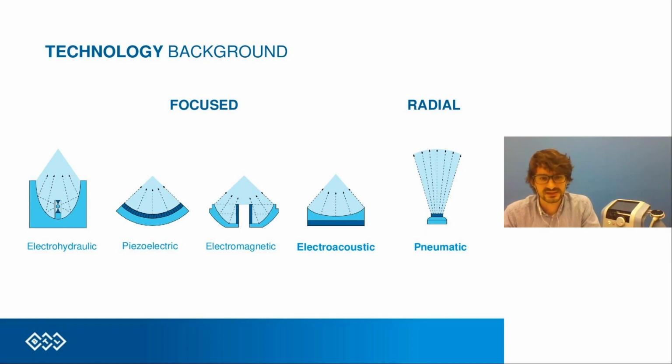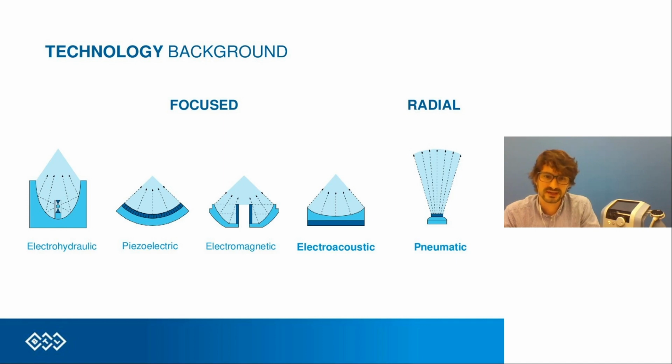This is a very important slide of the presentation, where I'll try to explain the differences between different technologies and where we stand in this portfolio currently available on the market. There are two main technologies when it comes to shockwave.